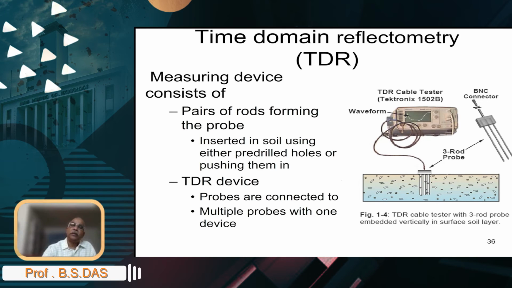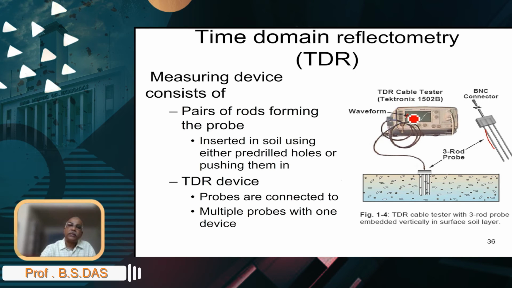So basically, what we would do is have a probe, some stainless steel rods joined together and connected by coaxial cables to the oscilloscope here, and you look at how this signal moves through the probe.